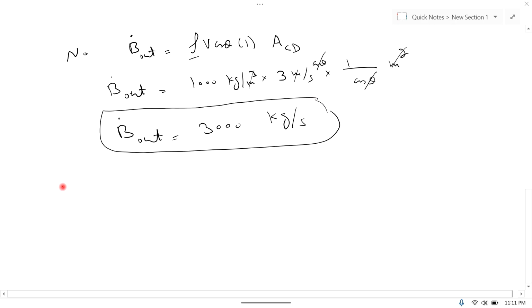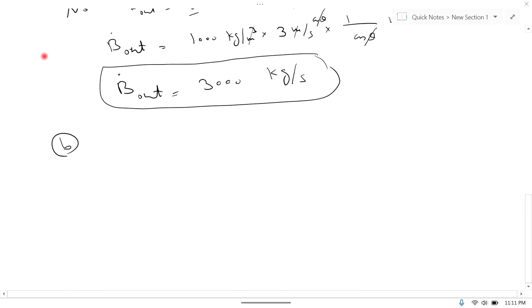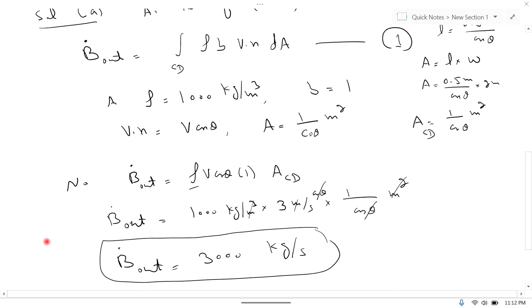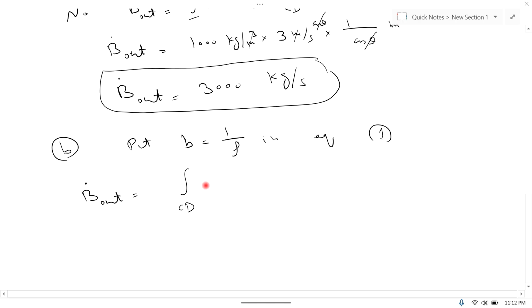Now in part B, it is required to put b equal to 1 over rho in equation 4.16. So b dot out is equal to the integral over CD of rho b V dot n dA, and we put b equal to 1 over rho.